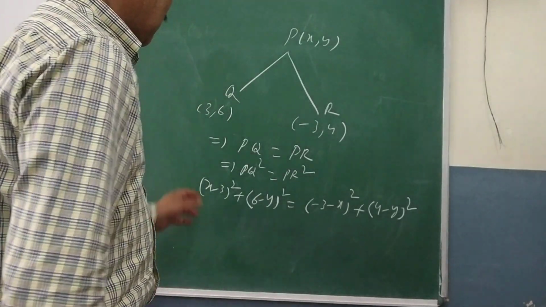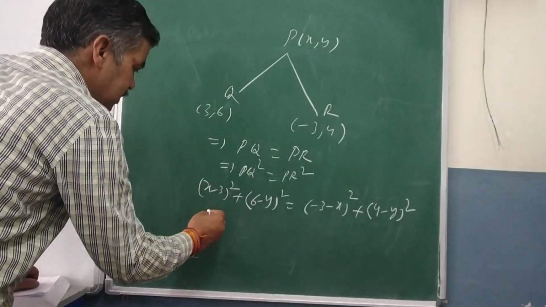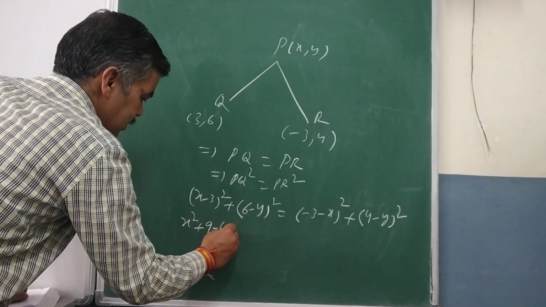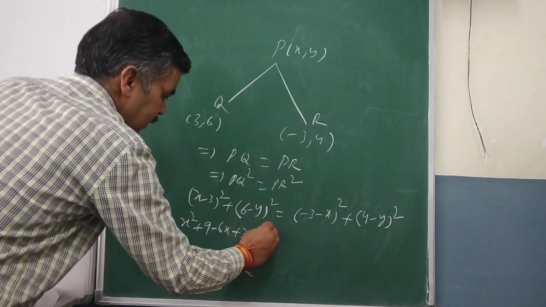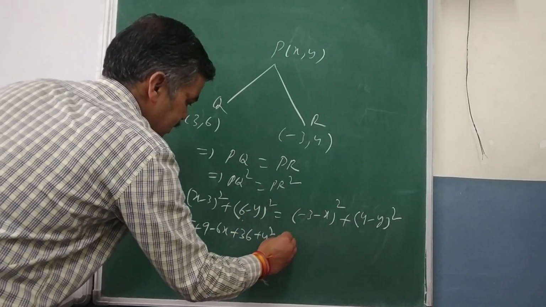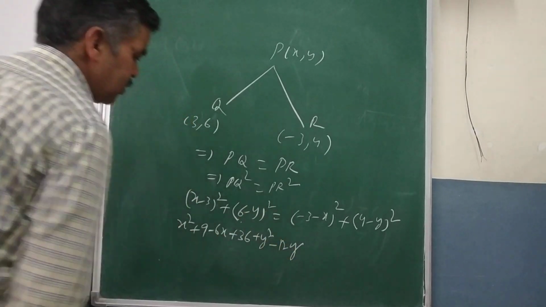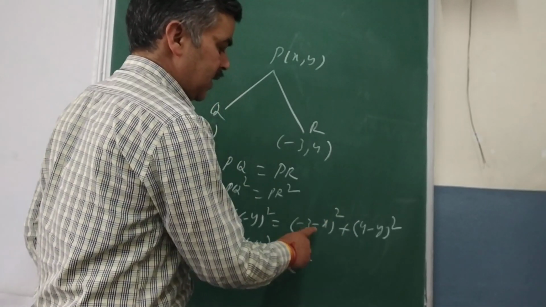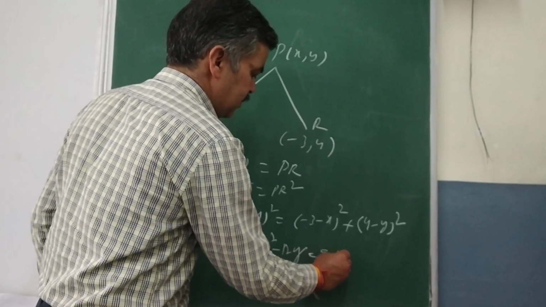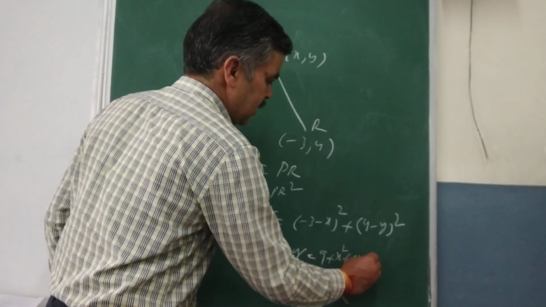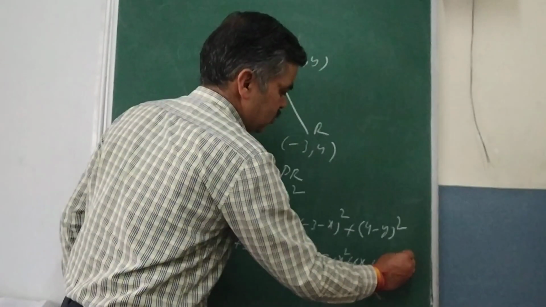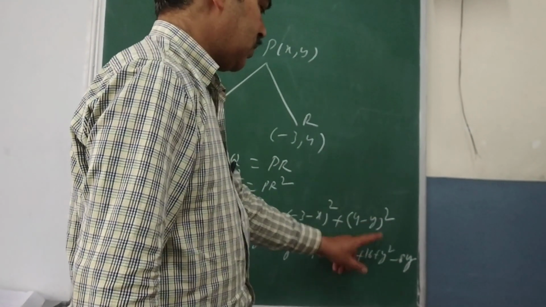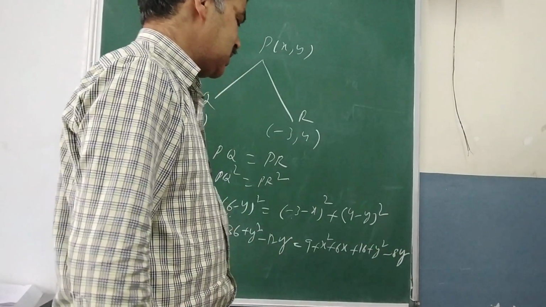Now you just expand these, so you will be getting x square plus 9 minus 6x plus y square plus 36 minus 12y, and here as both are negative, you need to apply (a plus b) whole square, 9 plus x square plus 6x plus 16 plus y square minus 8y.